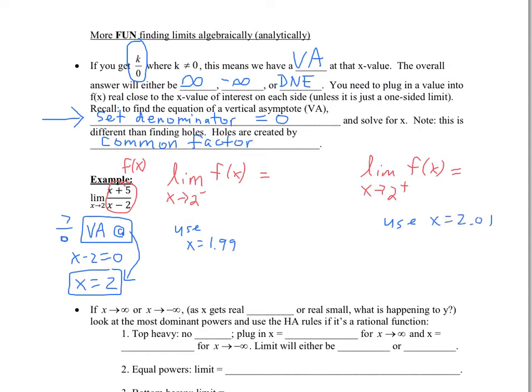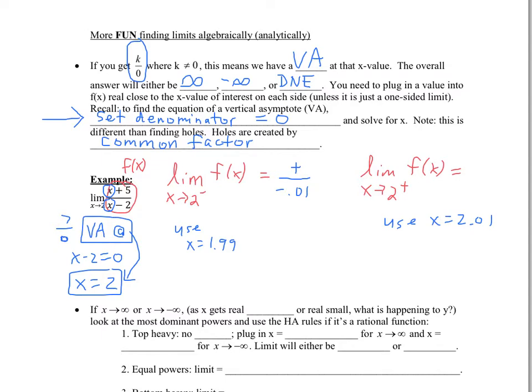So with our first function here, if I were to plug in 1.99 back into the function where I saw an x, up top I would have some positive number, 6.99, but it's a modest size number. And in the bottom, if I were to plug in 1.99 and then subtract 2, I'd get negative 0.01. Now keep in mind that I can get closer and closer to 2.